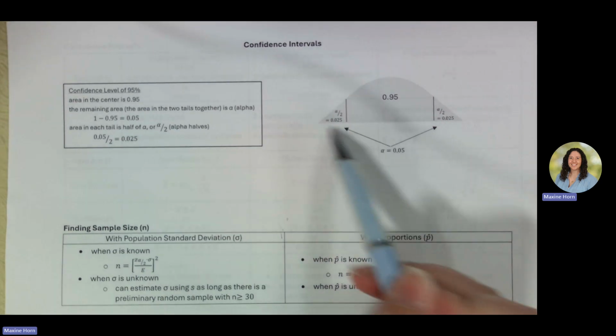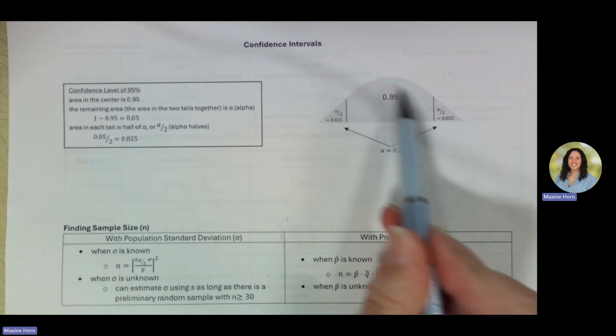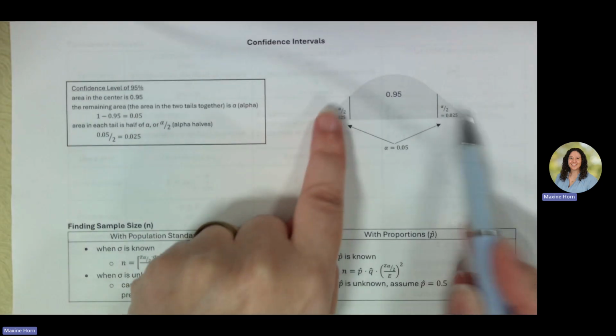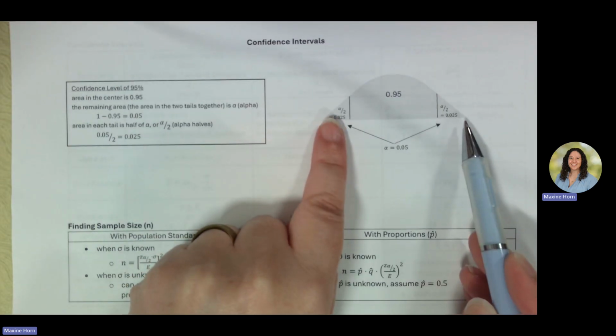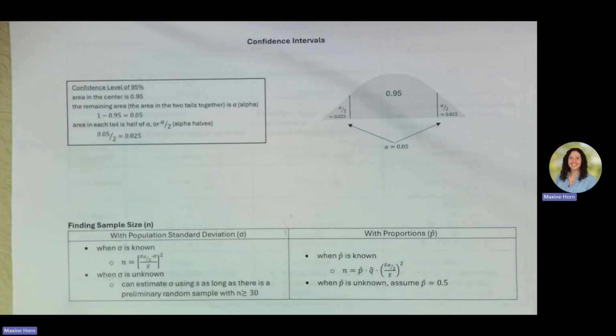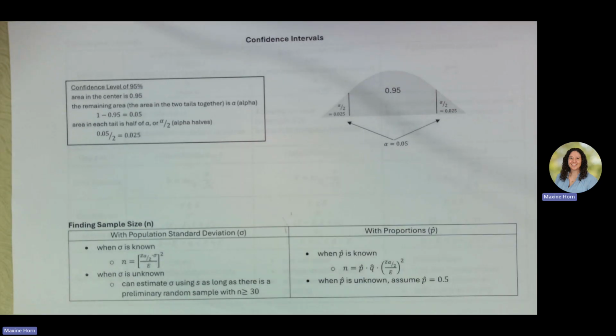Because remember, the area under the whole curve is 1. So the area in the center is 0.95 or 95%. The remaining area in the two tails together is what's called alpha. That's going to be 1 minus whatever your confidence level is. So in this case, 1 minus 95% is 5% or 0.05.